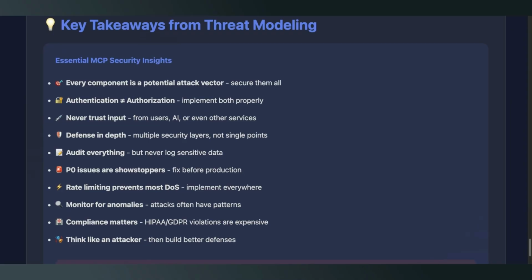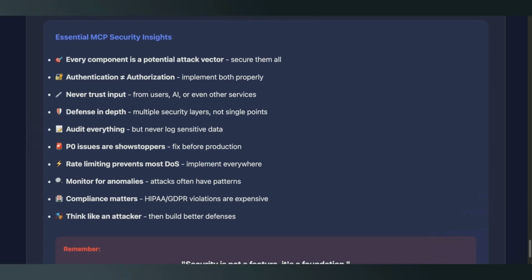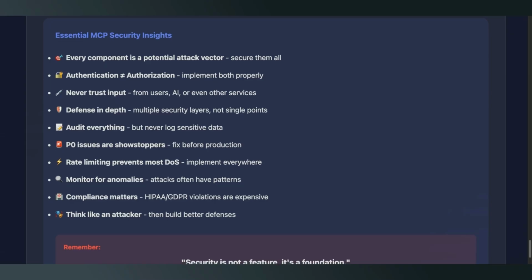Rate limit every possible API and monitor continuously for anomalies, and compliance is a must when you're in business lines like education, healthcare, e-commerce. Ensure you are compliant with the compliance frameworks, and think like an attacker whenever you do a secure design review, right?